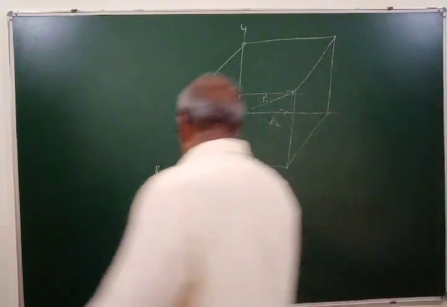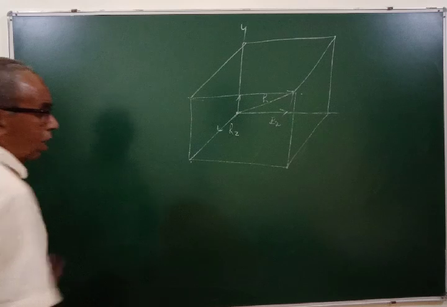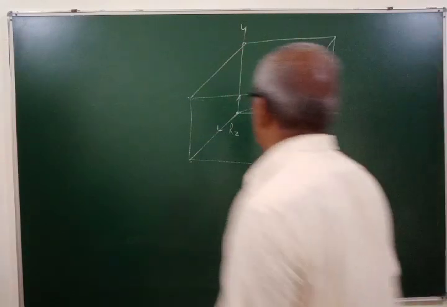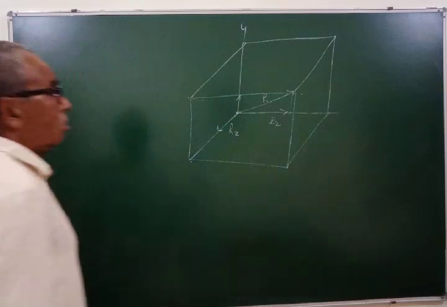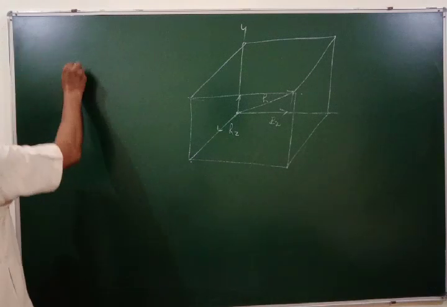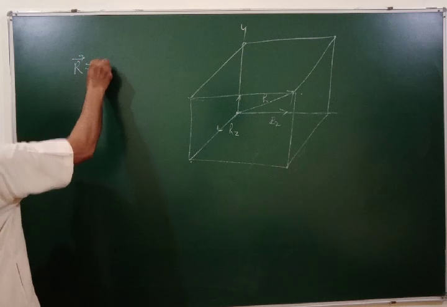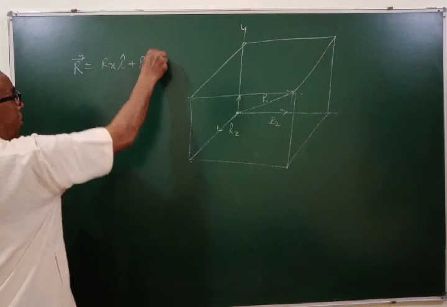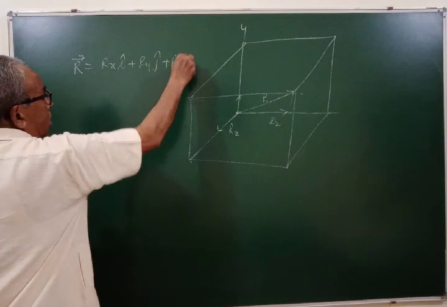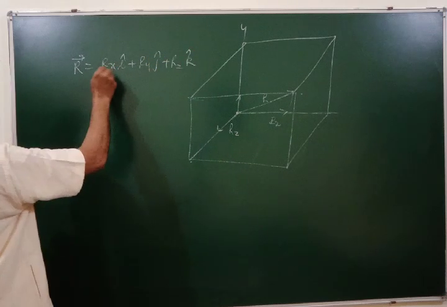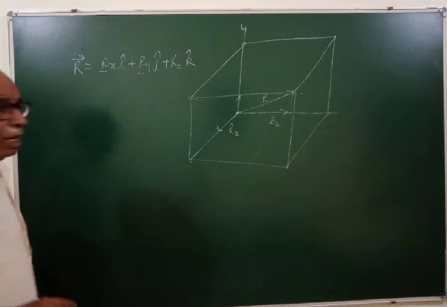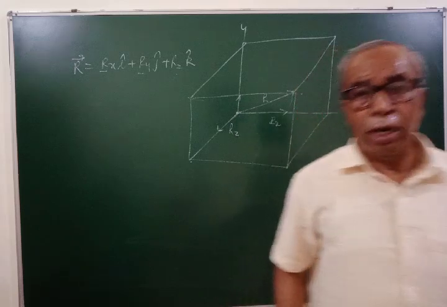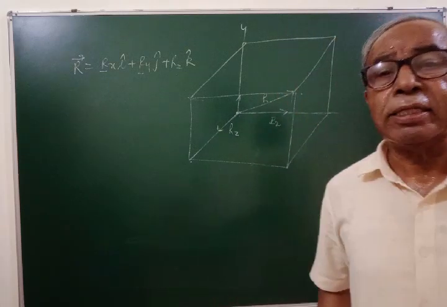But if you know Rx, Ry, Rz are the components of the vector along the x, y, z axes, what can you write? The vector R equals Rx i cap plus Ry j cap plus Rz k cap. So Rx, Ry, Rz are the magnitudes of the components of vector R along the x, y and z axes.